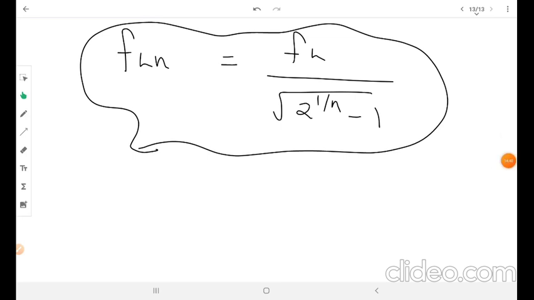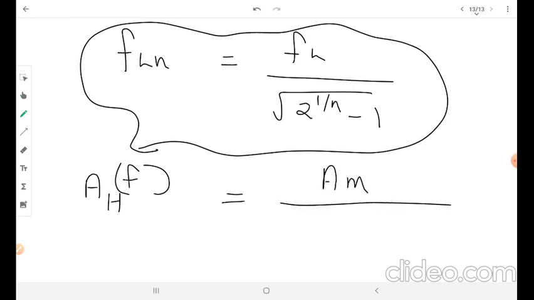So next we are going to consider the upper cutoff frequency FH. Considering the upper cutoff frequency, as we did for the lower cutoff frequency, we can write this gain at upper cutoff frequency AH of f, connecting with the mid band gain, as AM divided by 1 plus jf by FH.